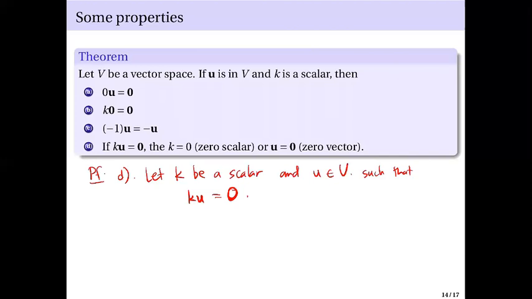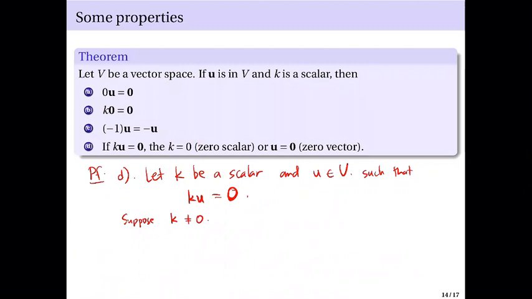Suppose k is not equal to 0. So suppose that this guy here is not true. We will show that the vector u must be equal to 0.